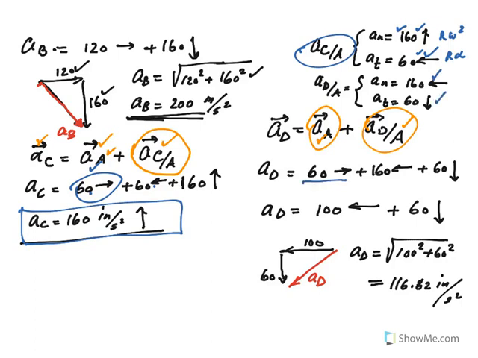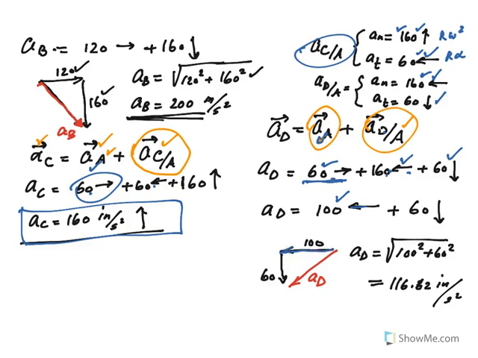So come over here, acceleration of A is 60. Acceleration of D relative to A is 160 to the left and 60 down. 60 to the right, 160 to the left becomes 100, the difference. 100 to the left plus 60 down.